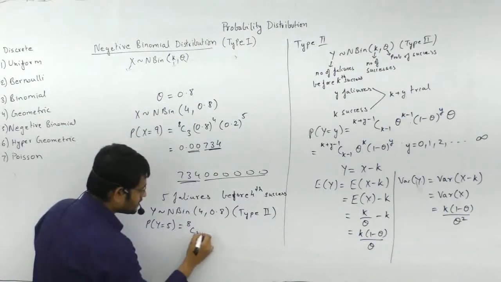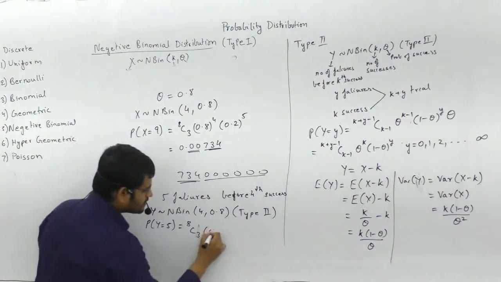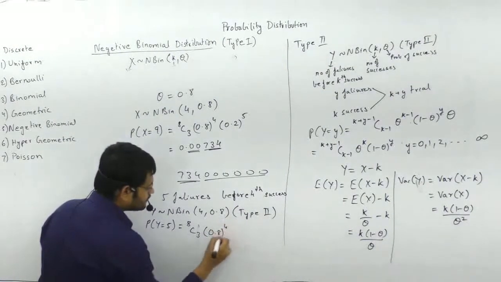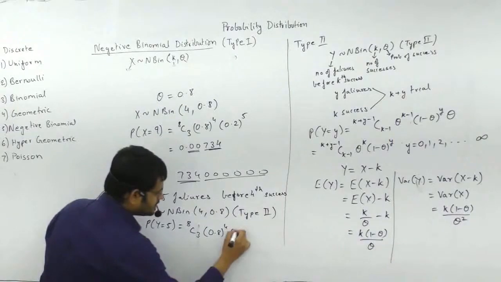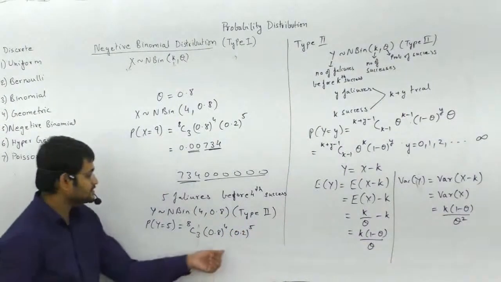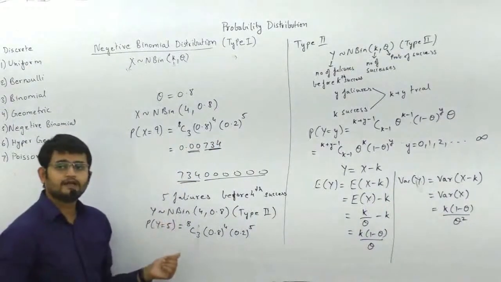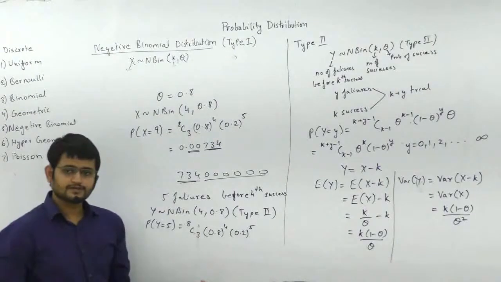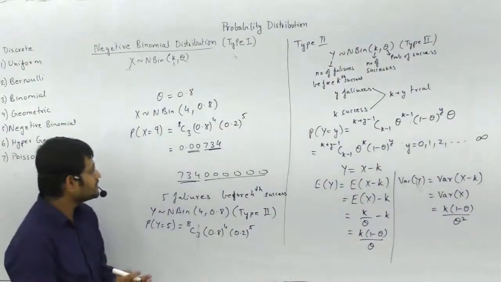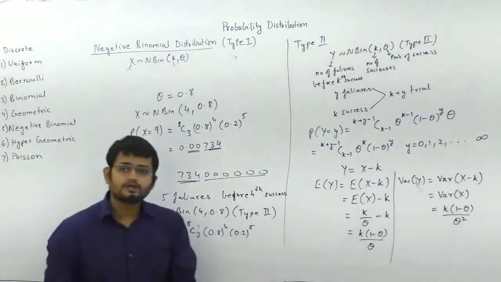So we'll have k minus 1 as 3, and then 0.8 raised to k, that will be 4, and then 1 minus theta, that will be 0.2 raised to y, that will be 5. So it is exactly the same value. So even if you are using type 1 and type 2, you can get the same answer. So accordingly, if the question is framed differently, we'll use type 1 or type 2, even for the geometric distribution.